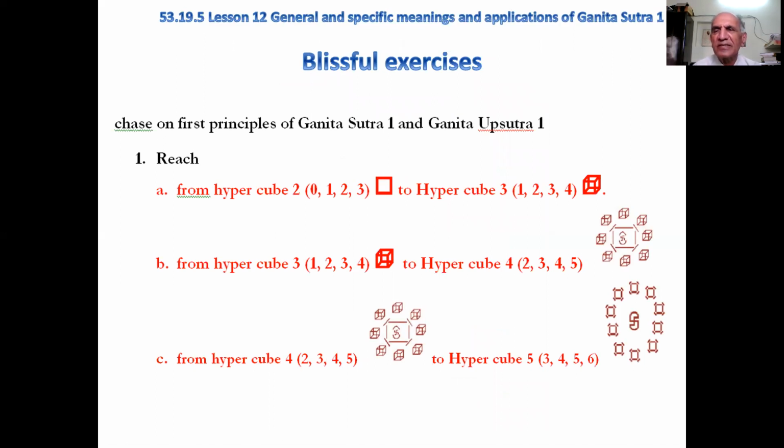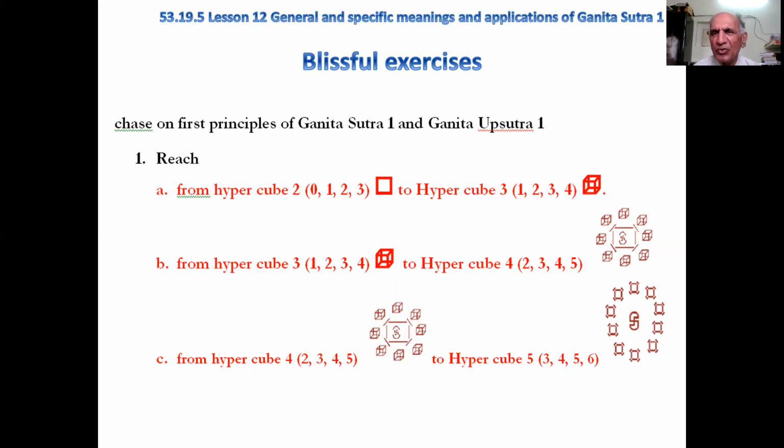The first category of exercises being enlisted, pointed as per the tabulation on the computer screen or in respect of the hypercubes, is how to have a reach on first principles of Ganita Sutra 1 and Ganita Upsutra 1 from hypercube 2 to hypercube 3, just as in the previous stage we have a chase of transition, transformation from hypercube 1 to hypercube 2.